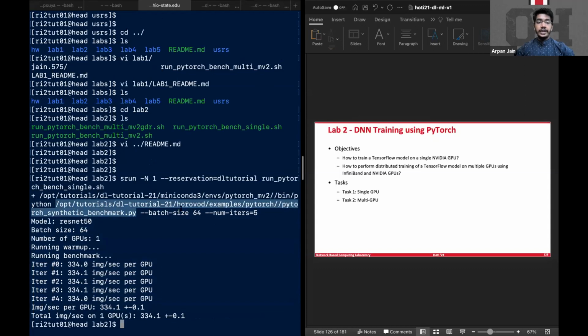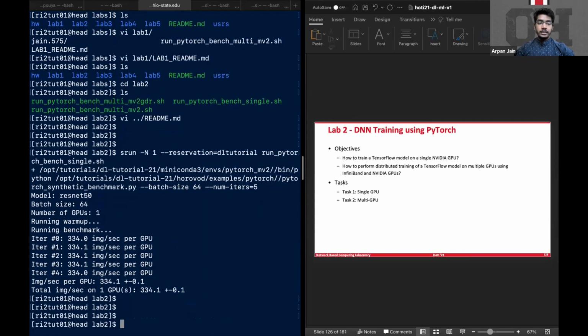We are giving a batch size of 64 and a number of iterations of 5. Since this is a benchmarking script, it shows the performance in terms of images per second. Here we are training the ResNet-50 model with a batch size of 64 on one GPU, and we get around 334 images per second. This is a V100 GPU with 32 gigs of memory.